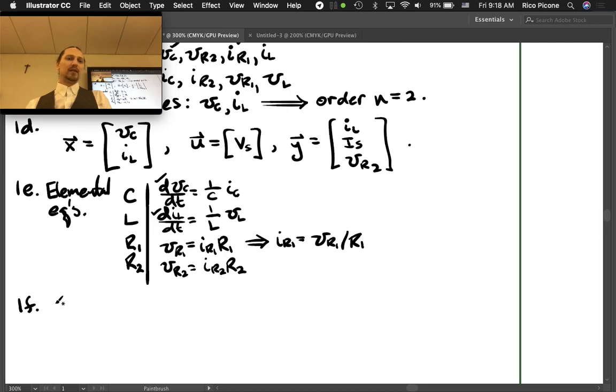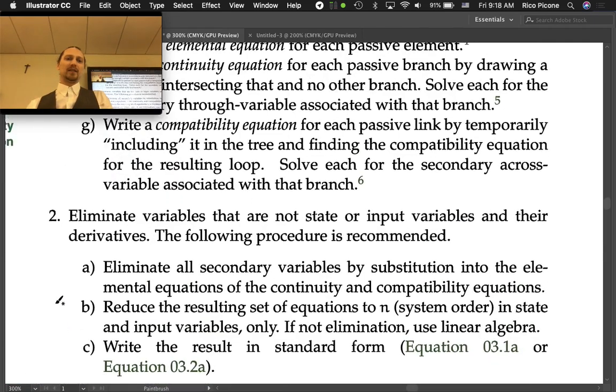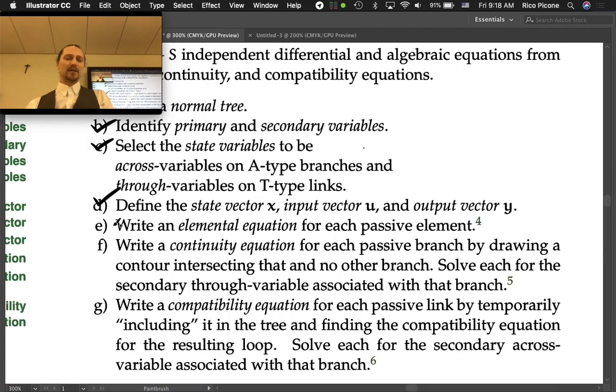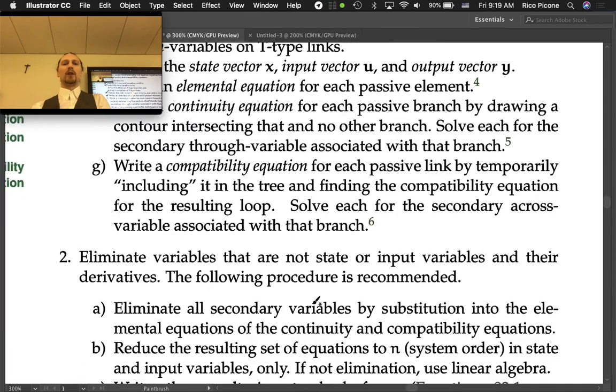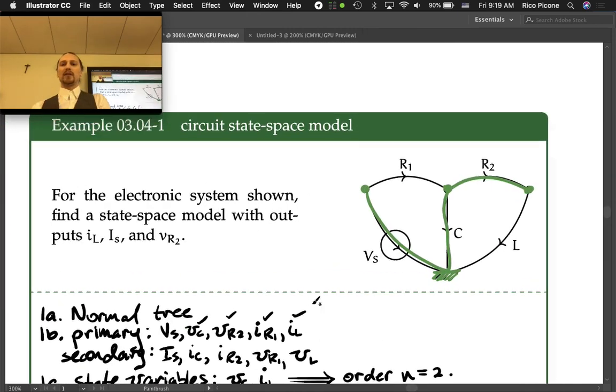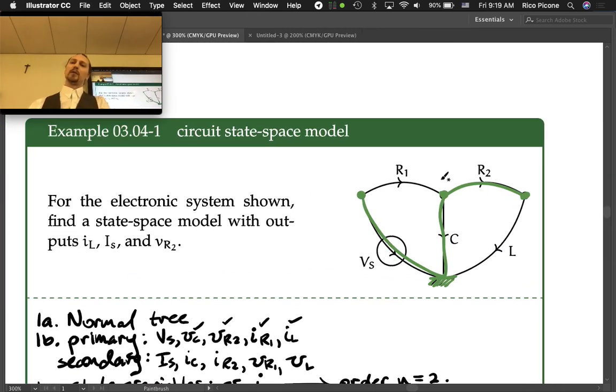So then 1F is the continuity equations. Write the continuity equation for each passive branch in the normal tree by drawing a contour intersecting that branch and no other branch. Solve each for the secondary through variable associated with that branch. Okay, so we have 3 branches in our normal tree, right?